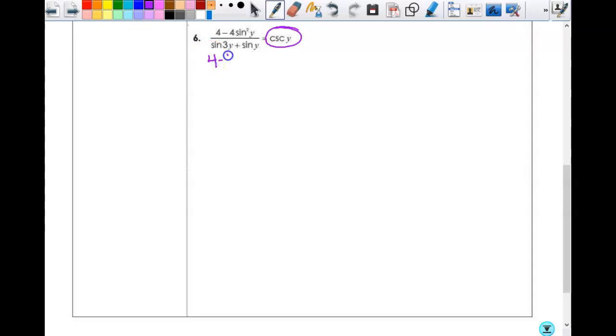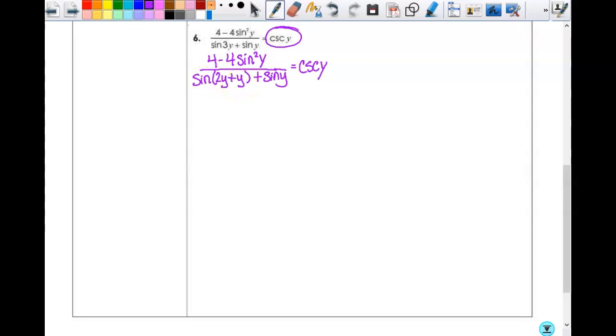All right, so I'm just going to rewrite the numerator. So 4 minus 4 sine squared y over, now I'm going to make this sine of 2y plus y plus sine y, and that equals cosecant y. All right, so now in the denominator, this is like sine of a plus b.